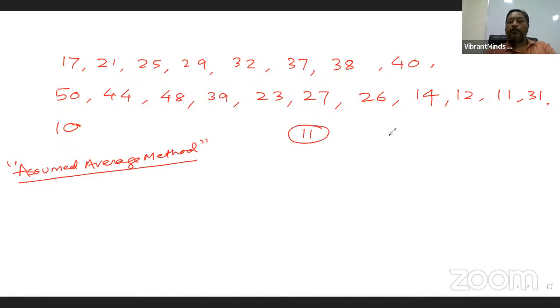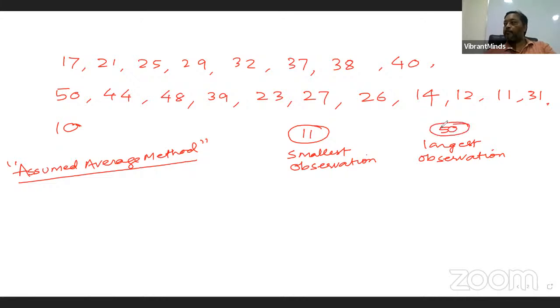What is the largest observation? Largest observation is your 50.